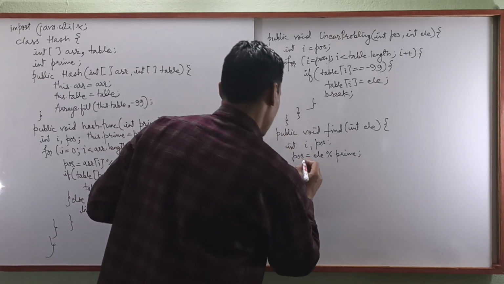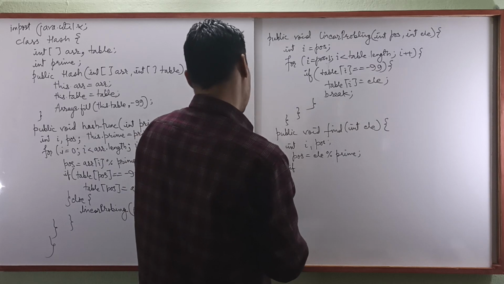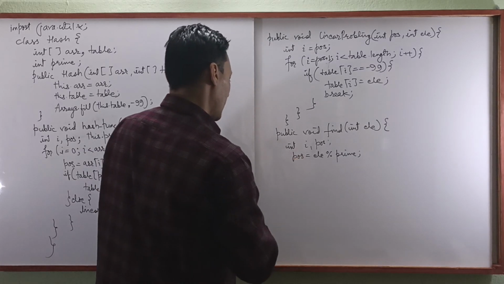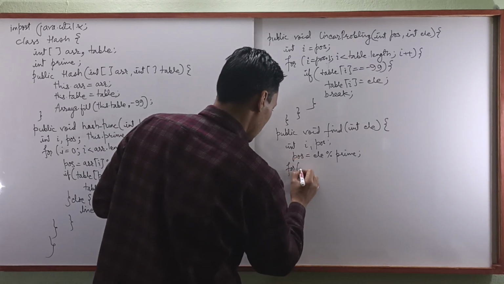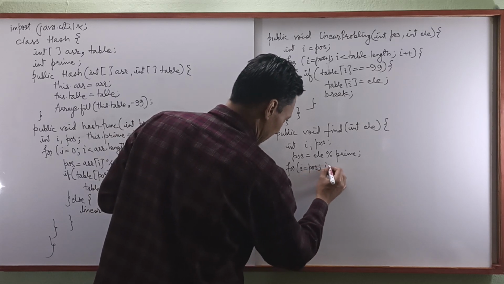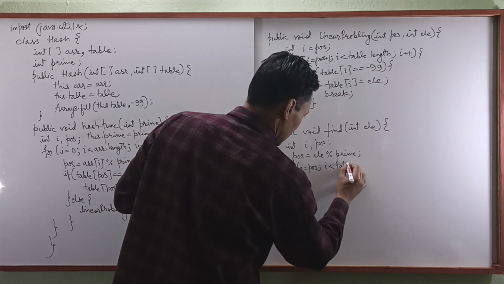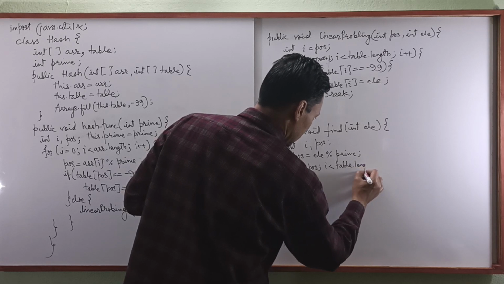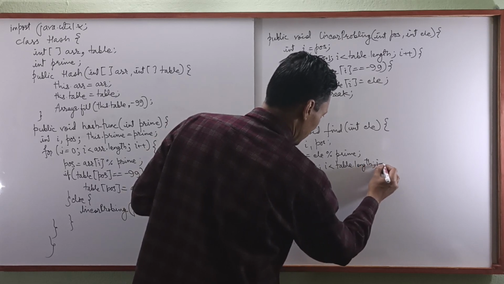Okay, now I can use a loop here. For i is equal to position, i less than table dot length, i plus plus.